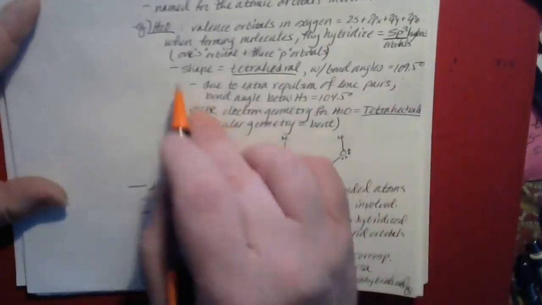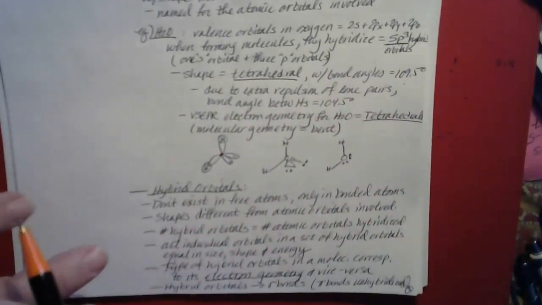And the difference between the 104.5 and the 109.5 is just because of the extra repulsion of the lone pairs on the oxygen. That right there is enough to explain the difference between 109.5 and 104.5. It is not enough to explain the difference between 90 and 104.5.